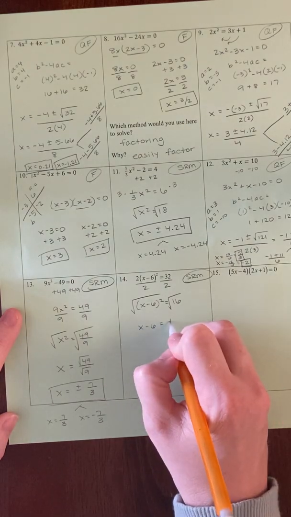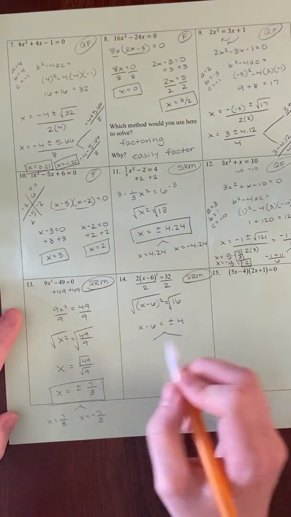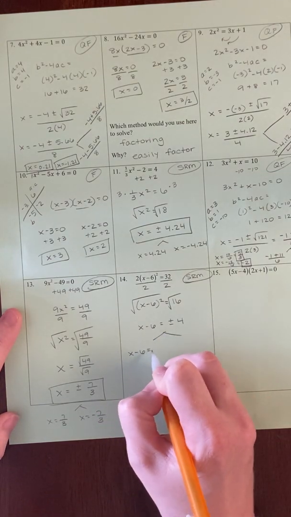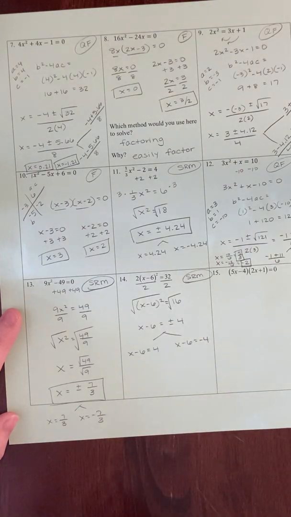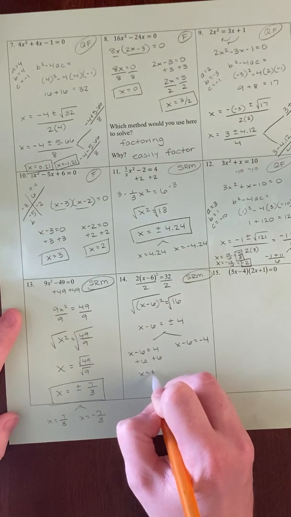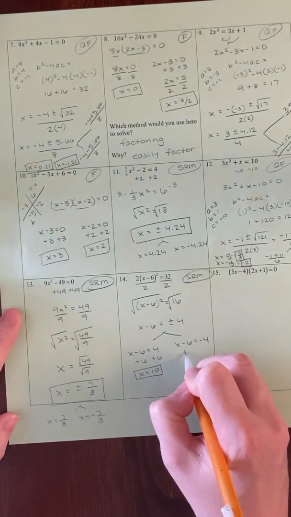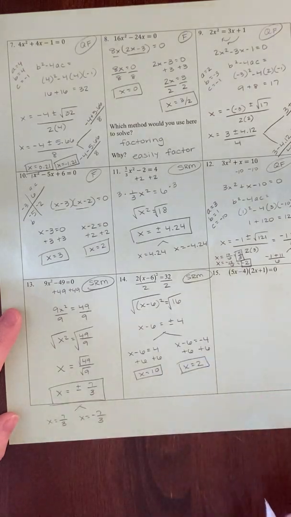The square root of 16 is positive or negative 4. So I have x minus 6 equals 4 and x minus 6 equals negative 4. I solve both of these. And I get 10 and 2.